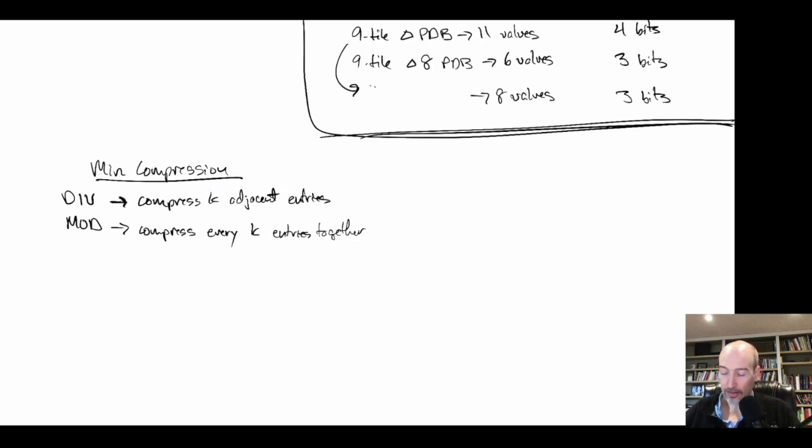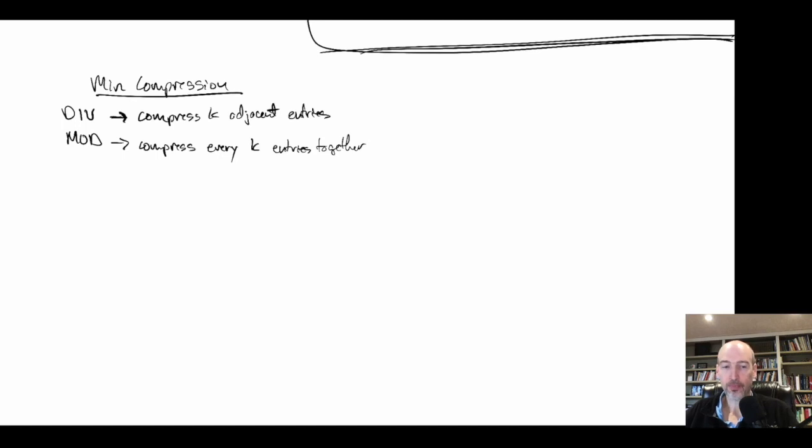Okay, so the idea here is that I have an original pattern database, that I have some values inside that pattern database, and what I'm going to do is compress that pattern database by reducing adjacent entries together. Okay, and so I'm just going to make up some values here. There's no necessarily meaning to these values, but actually what we can do just for the fun of it is we'll use the array of 1, 2, 3, 4, 5, 6, 7, 8.